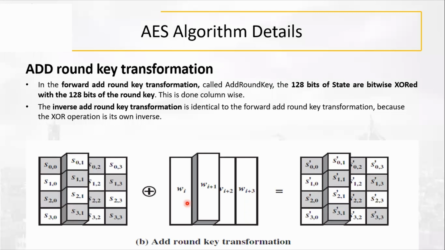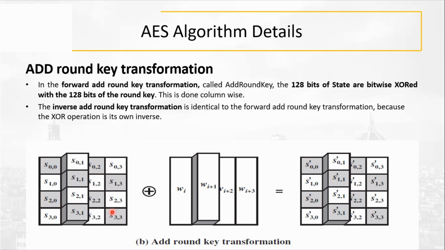If you do it the other way around, I think you'll get the same output, but you can check that. If you apply the row by row XOR operation, what are you getting? If you apply column by column, what are you getting? No, you will not get the same output.